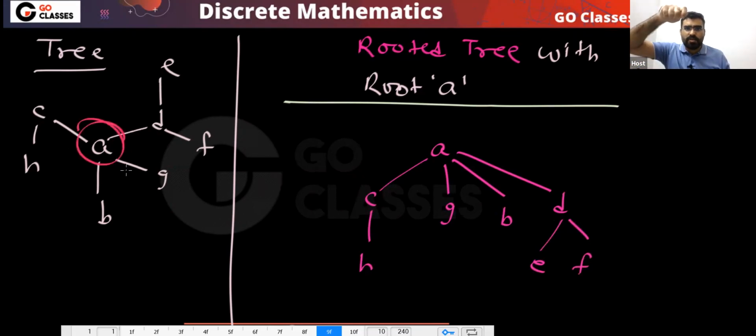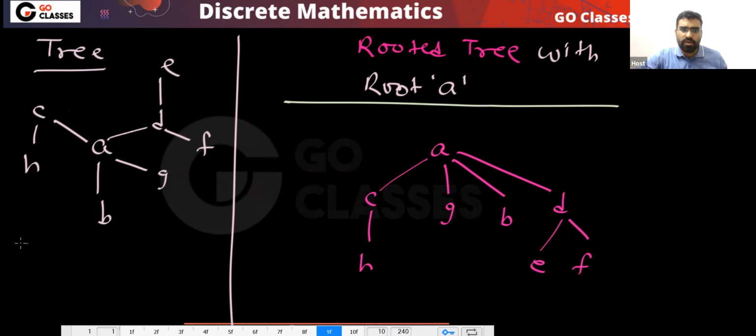Just pick this, and the remaining things will hang. For example, A is adjacent to C, so A will be connected to C, C will be connected to H, A is connected to B, A is connected to G, A is connected to D, D is connected to E, and D is connected to F.